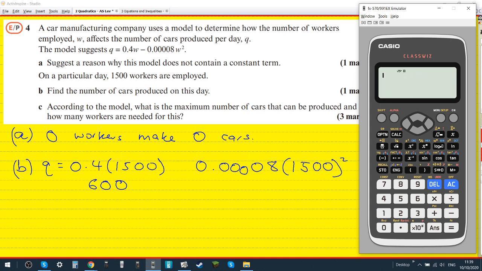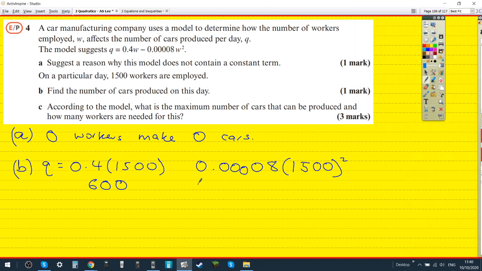You would just put it into your calculator as it is. I always write it down the way you can put it in the calculator. 180. Yep. So it'd be 600 minus 180, which would be 420. That's 420 cars. 1,500 workers make 420 cars.